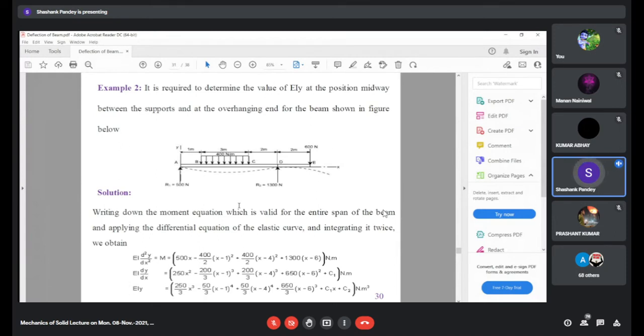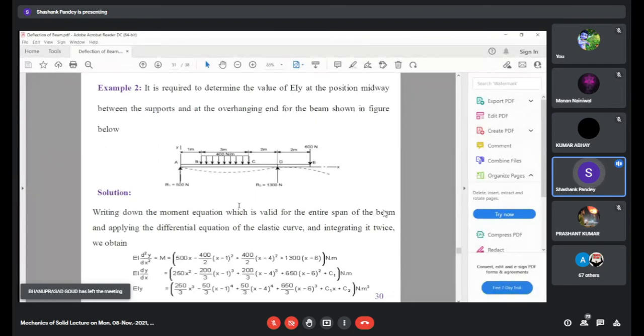So you see we have written this moment equation, and here we have some terms inside the brackets.